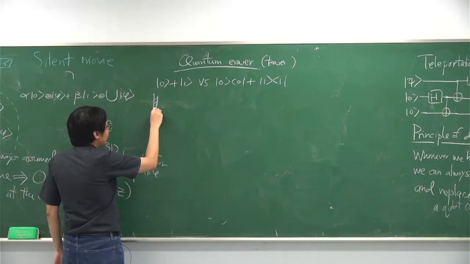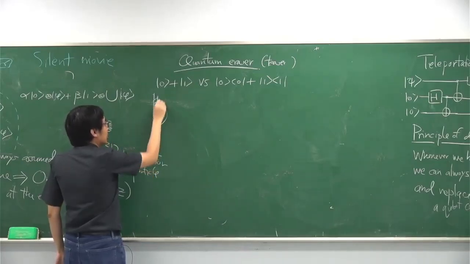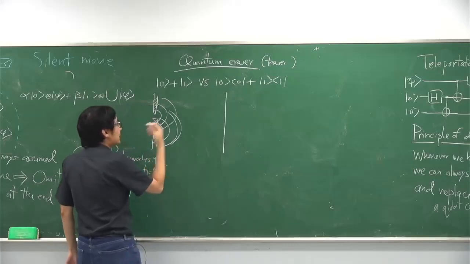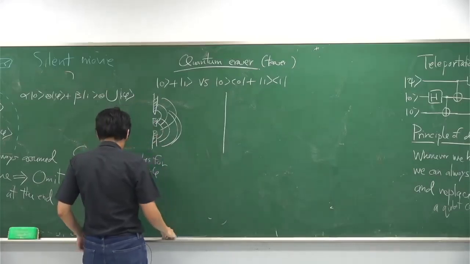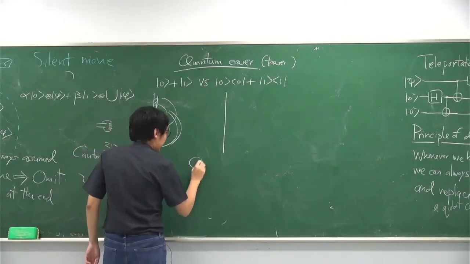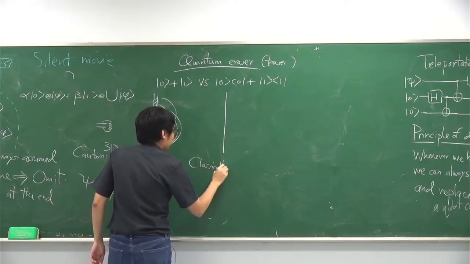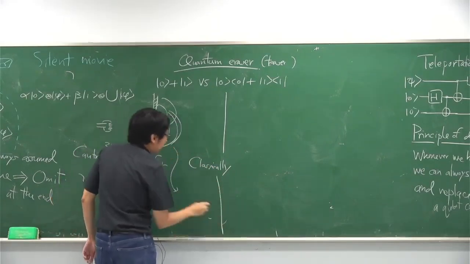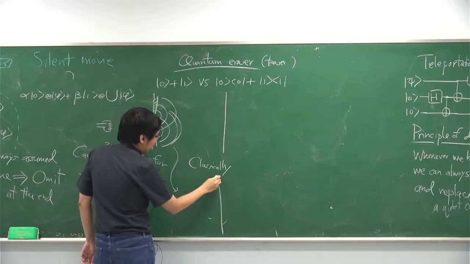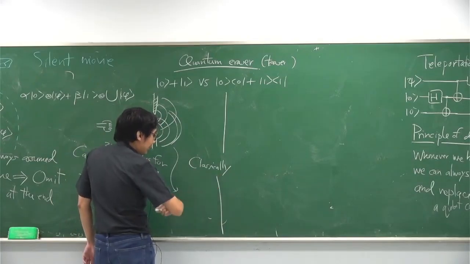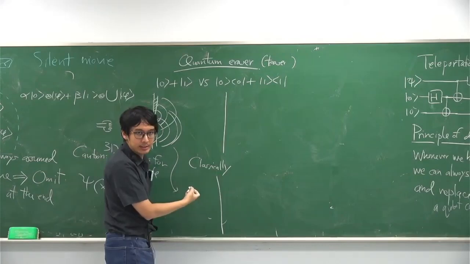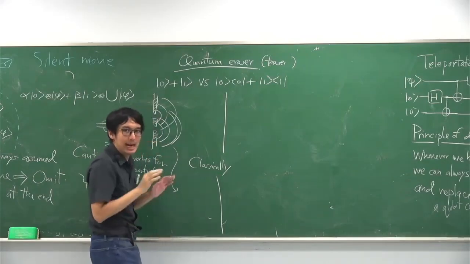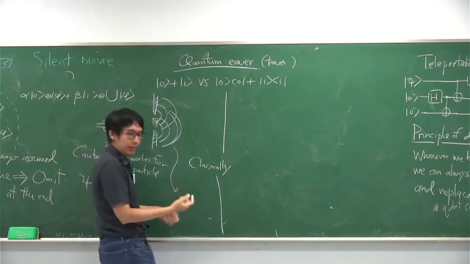So the wave function here splits into two partial waves. And then, classically, the place where the wave would be incident at the detector the most would be behind the slit, directly.